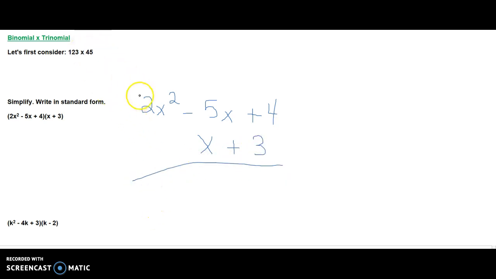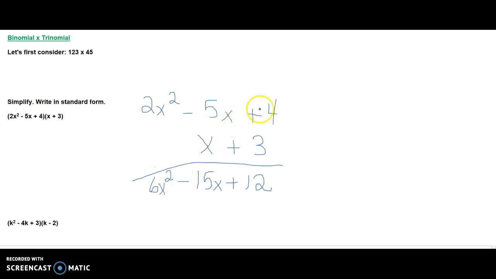And we are going to use that same technique that we used with our 3 and 2-digit numbers. So we're going to start. 3 times 4 is 12. 3 times -5x is -15x. And 3 times 2x squared is 6x squared.